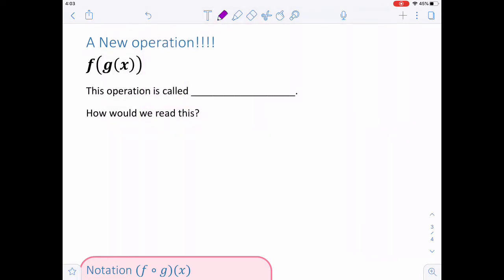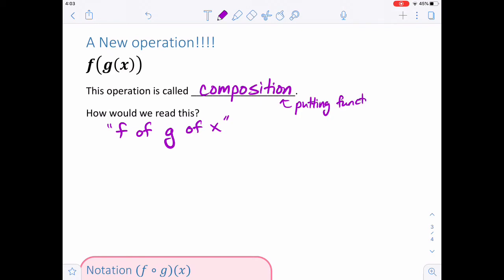So we would read this as f of g of x. This operation is called composition. It's called composition because we are putting functions together. It's a function made of functions.